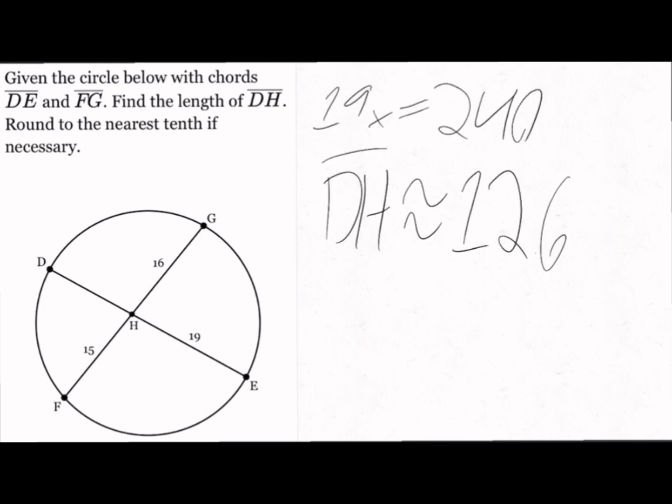Alright, so DH would be about 12.6. That there should be units behind that. I knew I missed one.